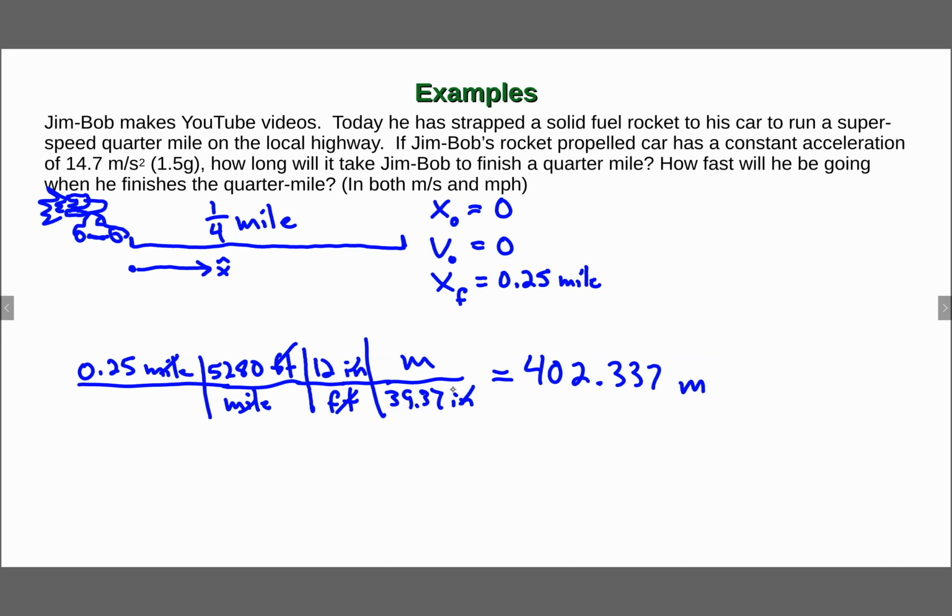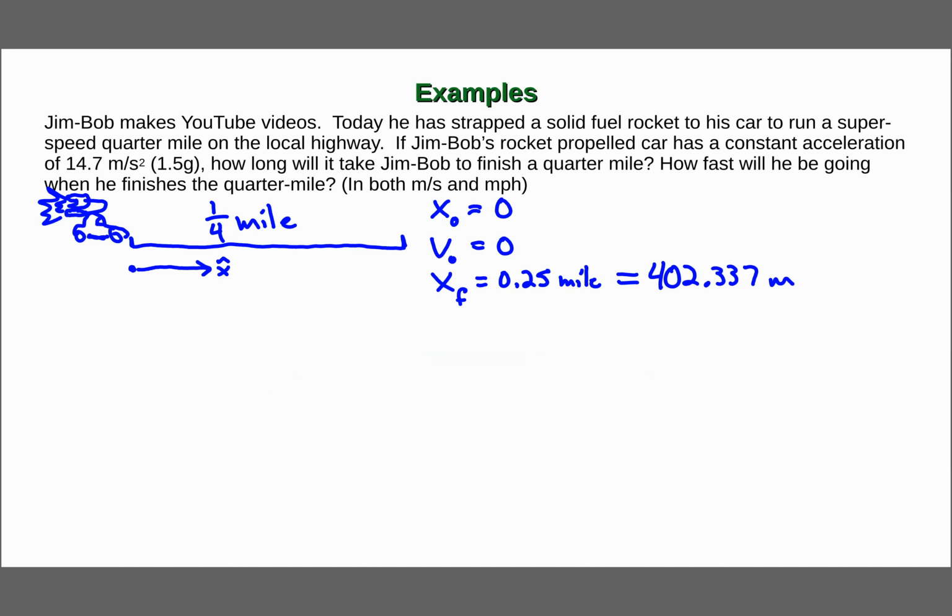So x final equals a quarter mile, which is 402.337 meters. And then our other known variable, we know that a is going to equal 1.5 g, which is 14.7 meters per second squared.